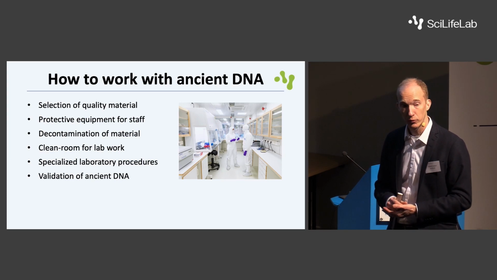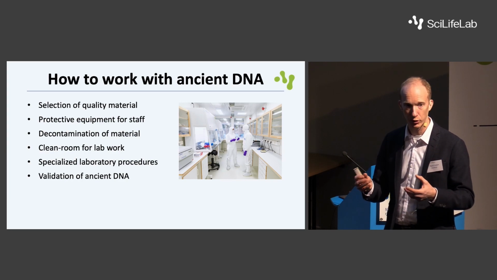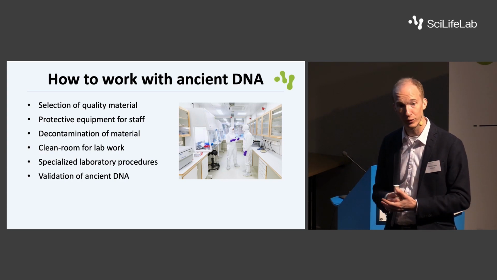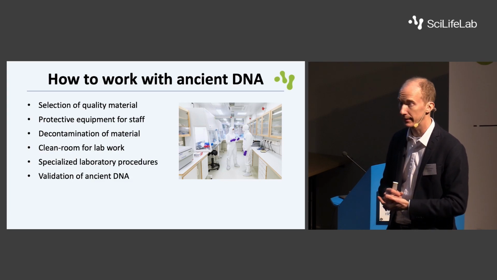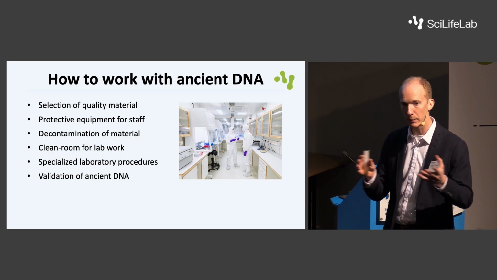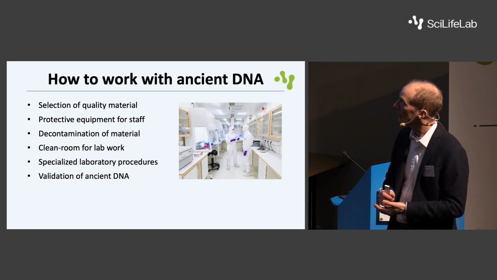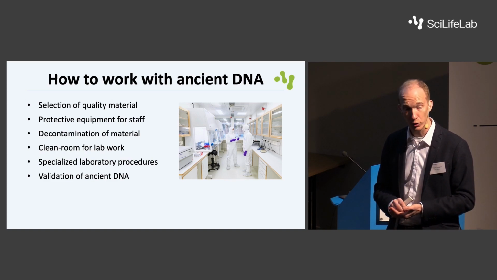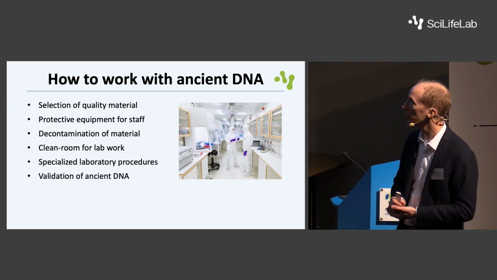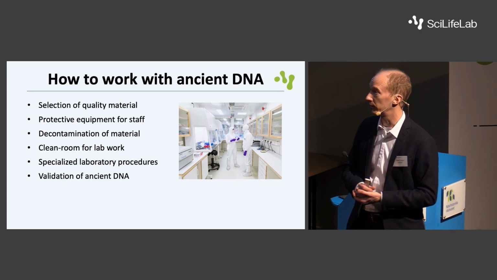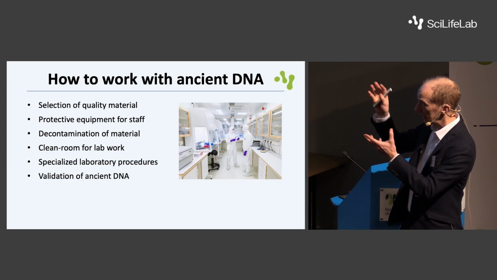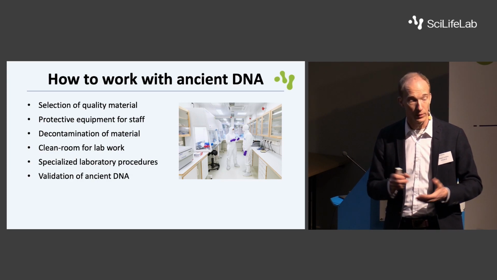Have clean rooms for the lab, with positive pressure, so you keep contemporary dust out. Have airlocks for accessing the labs, so as not to move between labs and transfer DNA. Have specialized laboratory procedures adapted to this type of material. And of course, validation of ancient DNA, coming back to the chemical modification I talked about earlier. So it is quite a setup to actually do this.